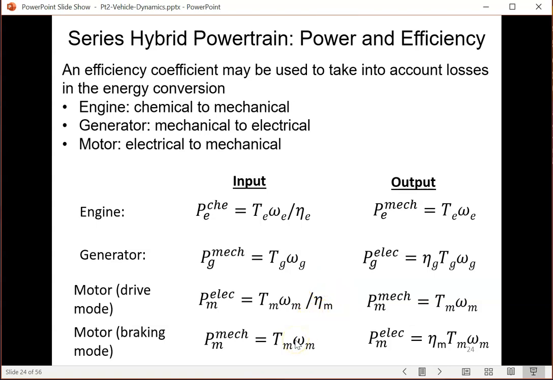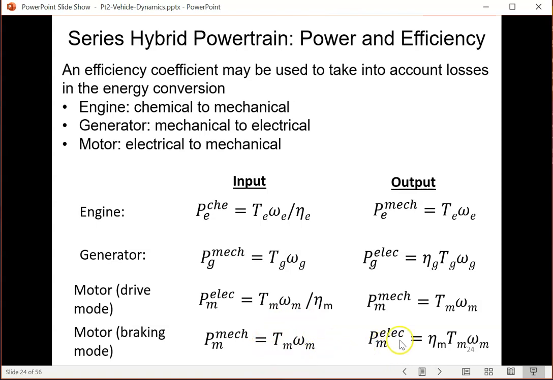On the other hand, if you're braking using the motor, because the motor can work in reverse, in a way like a generator, in which case the power will come from the wheels and try to slow the motor down. This torque and the velocity of the motor generate electricity that is in turn going to charge the battery. So in this case, the input will be Tm times omega m.